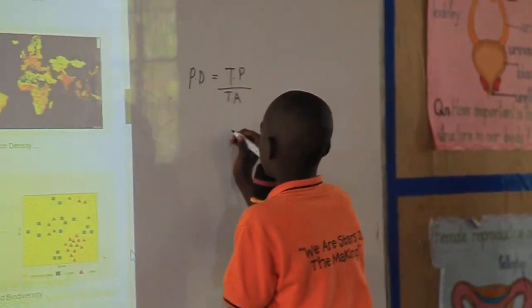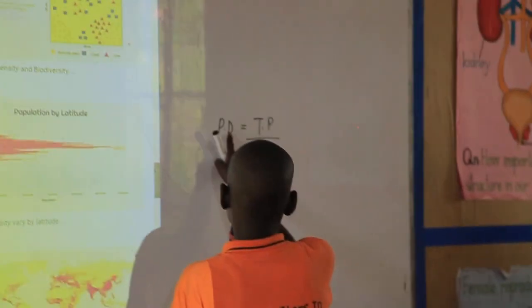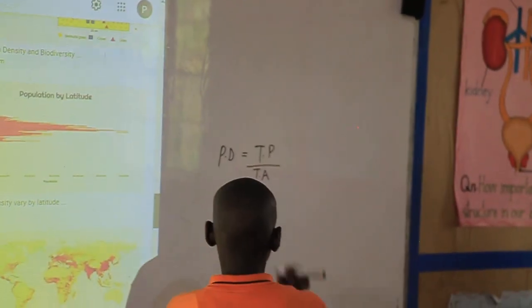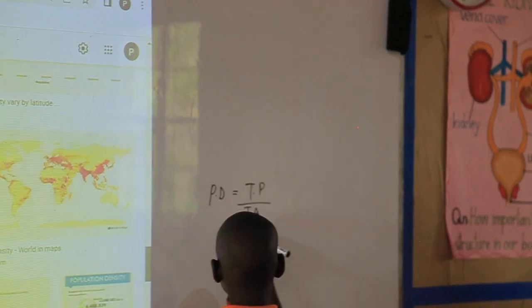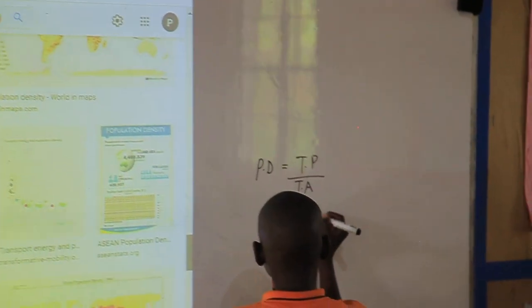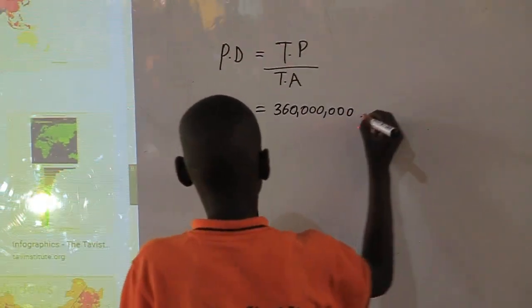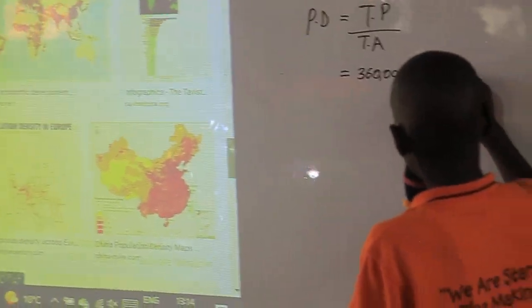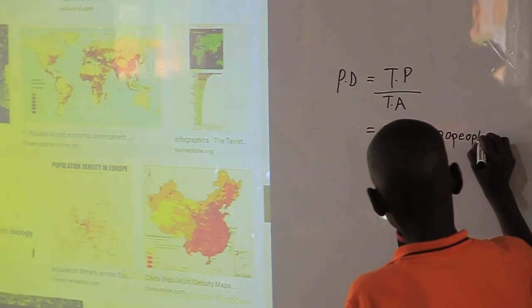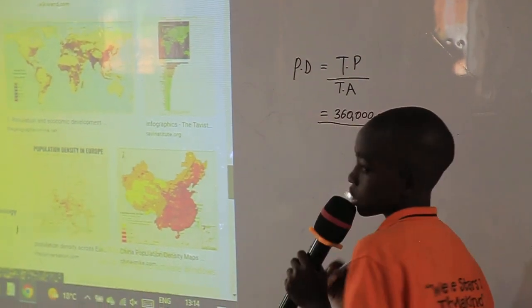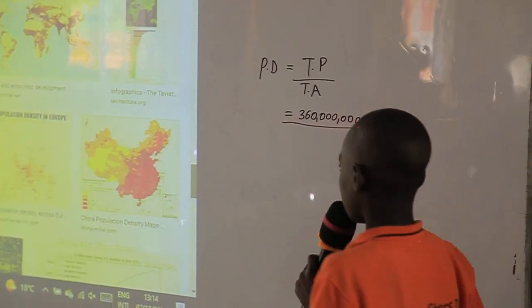We say that population density equals total people over total area. It will be 360 million people out of our total area, which is 3 kilometers squared.